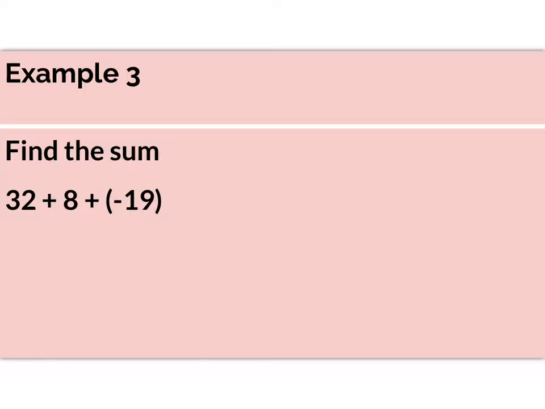So 32 plus 8 gives us 40 plus -19. Now we have 21, because 40 minus 20 is 20 plus 1, or 40 minus 19 is 21. The larger number is 40. It's positive, so our answer is positive.